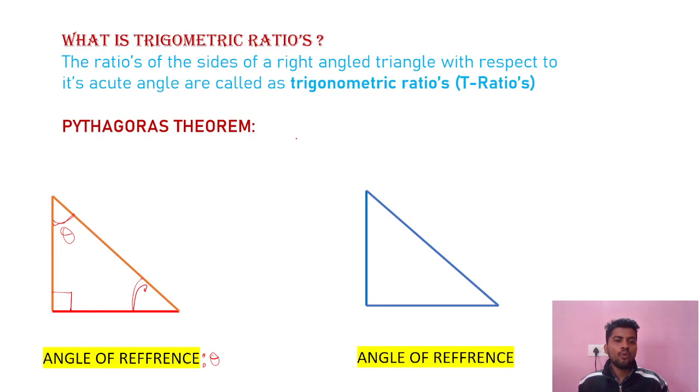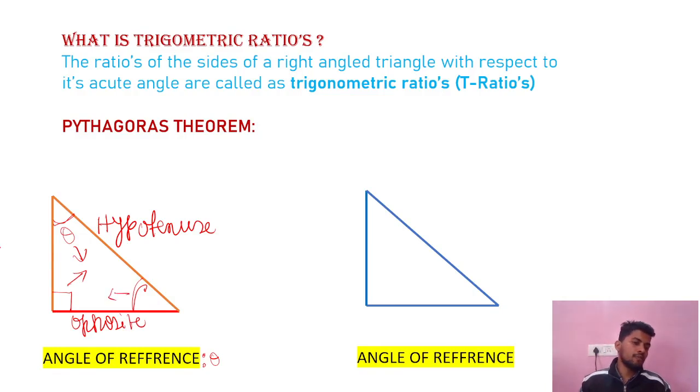Now, we have given particular names to particular sides. As we know, the side opposite the 90-degree angle is the hypotenuse. The side opposite the angle of reference is the opposite. And the remaining side is the adjacent.